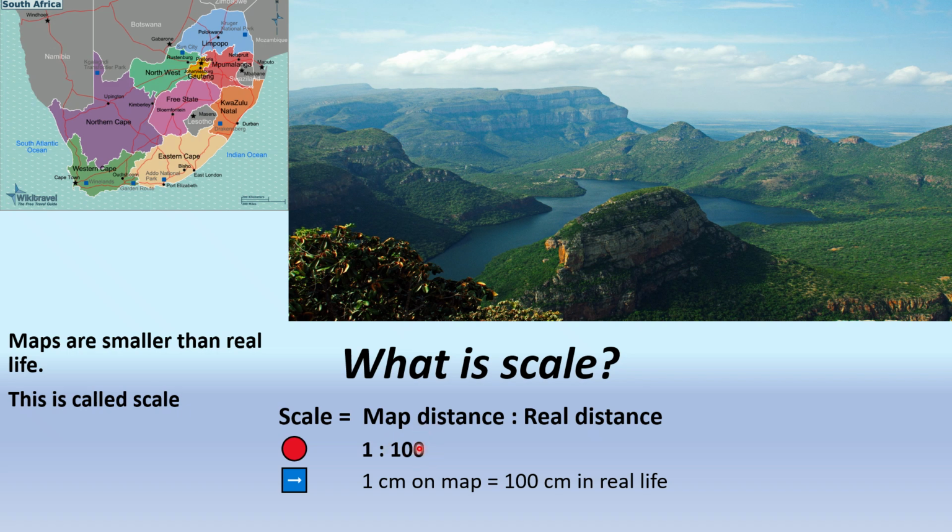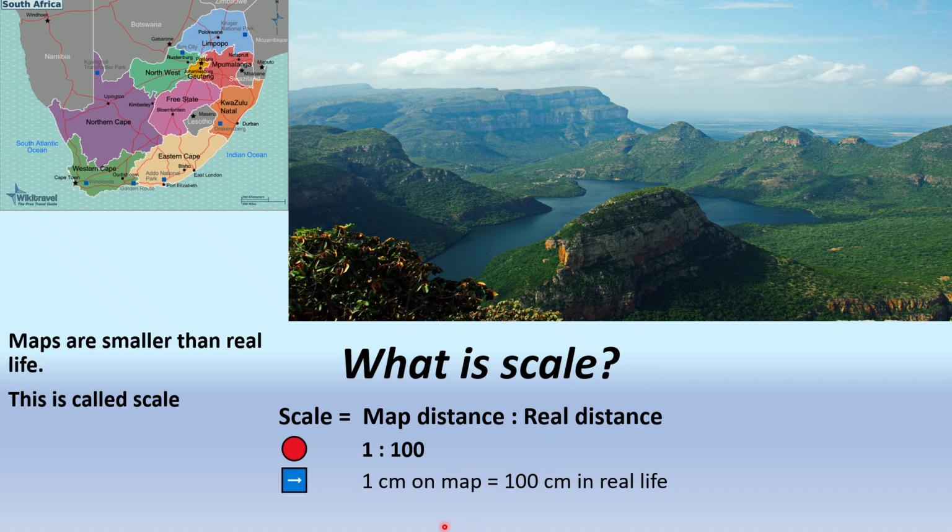100 equals distance in reality. That is what 100 means: how far you can walk or move in reality. So just to recap, 1 equals distance on a map, 100 equals distance in reality.